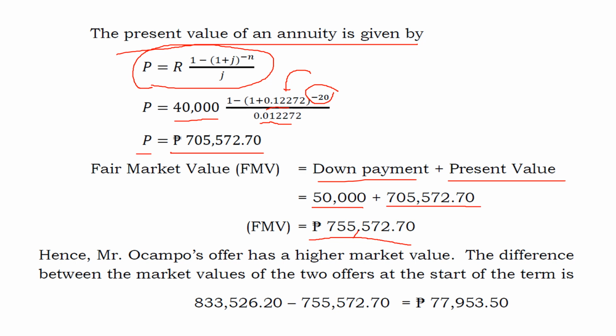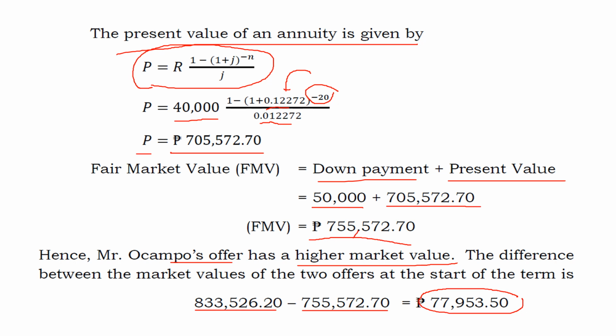Here we can see that Mr. Ocampo's offer has a higher market value if we compare the two. There is a difference between Mr. Ocampo's offer and Mr. Cruz's offer, and the difference is 77,953.50 pesos.